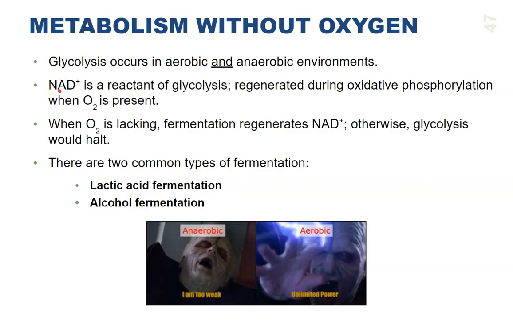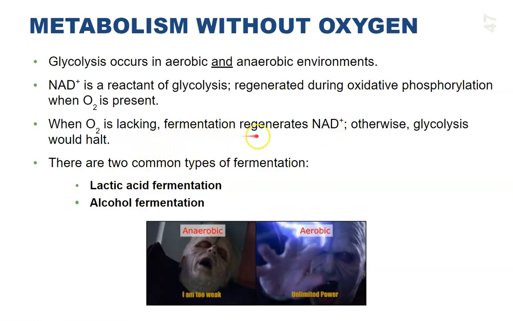When we extract the energy from NADH, we end up with NAD. So NAD is needed for glycolysis to happen, for glycolysis to move forward. So if we're not generating NAD from the electron transport chain, we need to generate NAD in a different manner. So we're going to do fermentation.